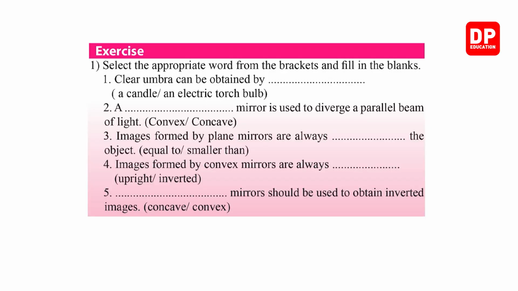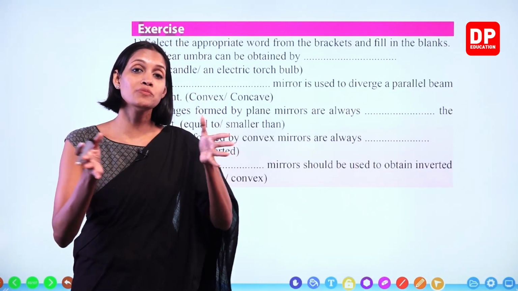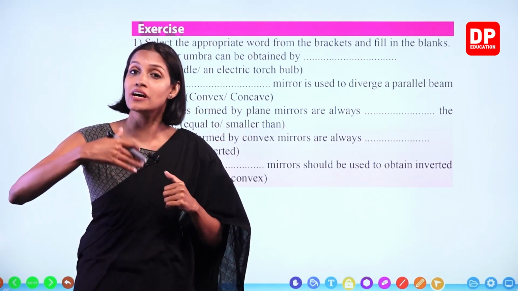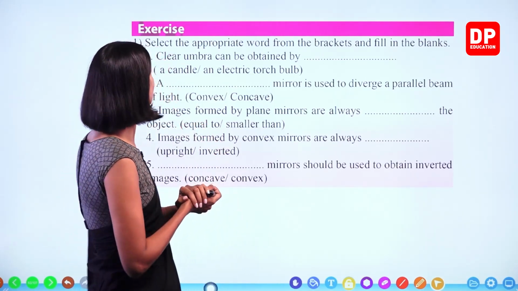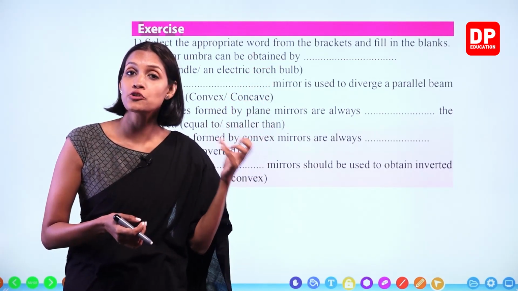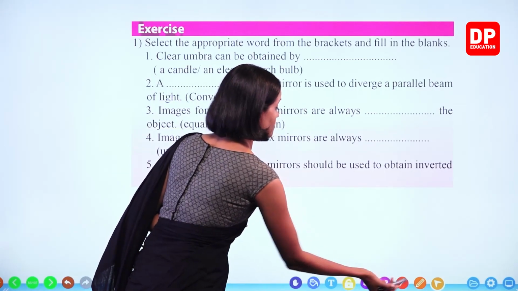The electric torch bulb is a kind of broad source of light, so light could escape through the edges of the object and the penumbra is formed. When penumbra is formed, the sharpness of the umbra reduces, right? So clear umbra can be obtained by using a narrow source of light. In that case, that is a candle.